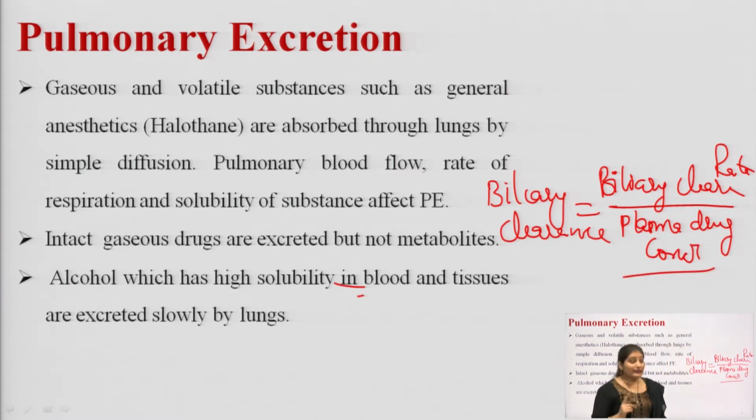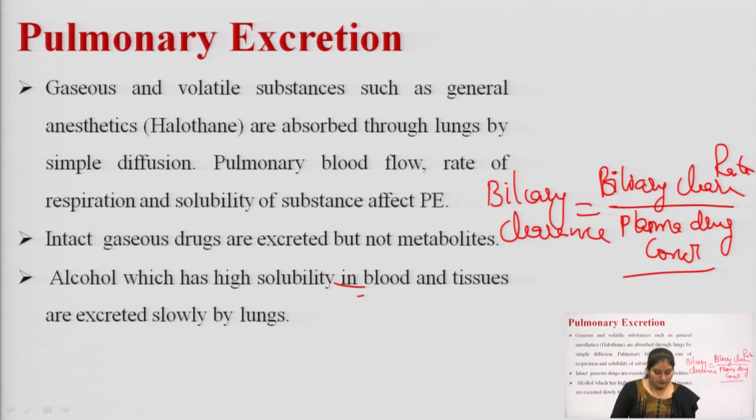Okay. In the renal clearance, the formula is urinary excretion rate upon plasma drug concentration, and in biliary clearance it is biliary clearance rate upon plasma drug concentration.